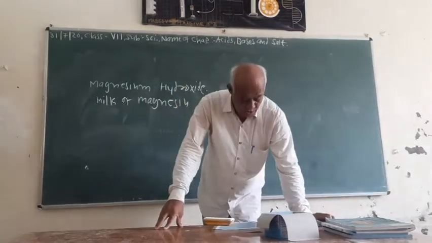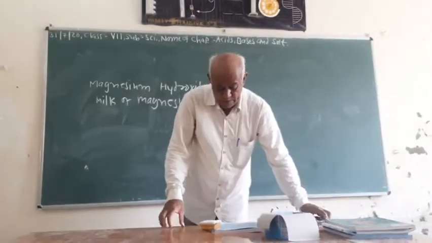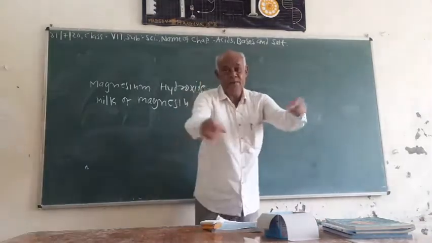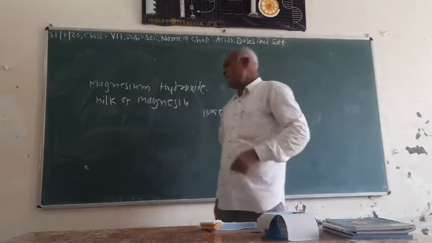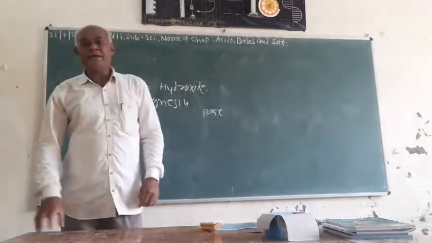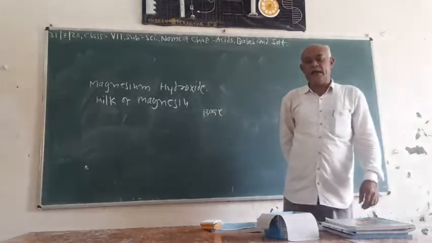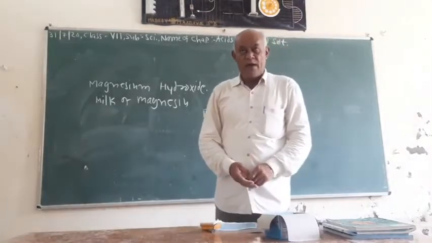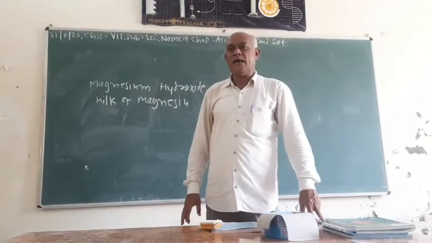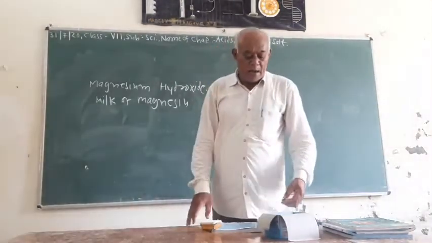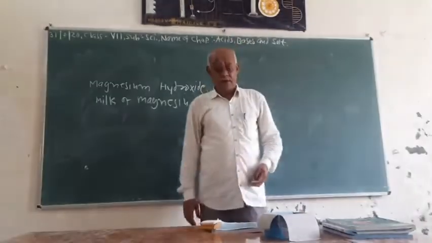Third, why is factory waste treated before depositing it into the water body? Factory waste contains acids. These acidic wastes, if we directly release them to the water body, then aquatic animals like fish and aquatic plants die due to the acid released as factory waste into the water body.